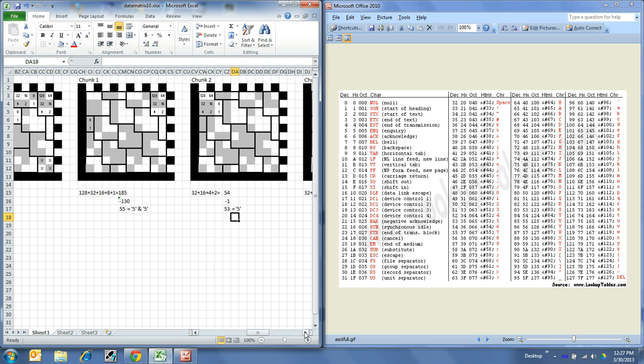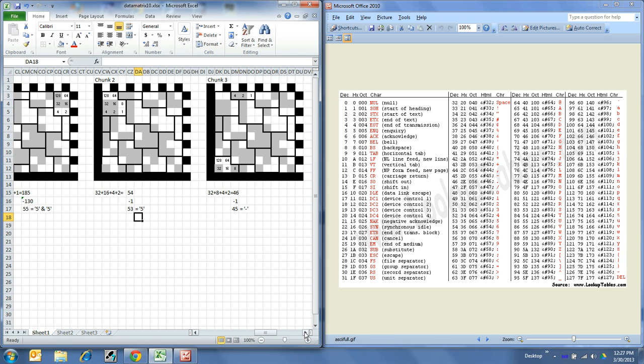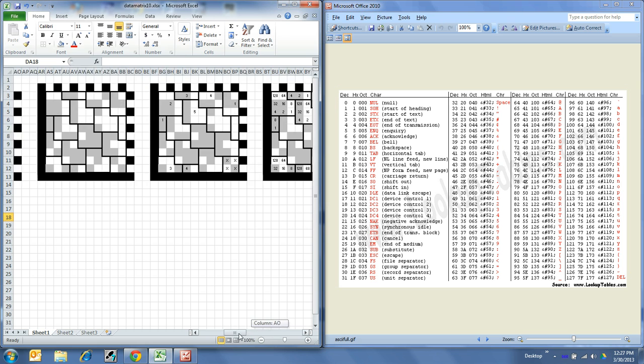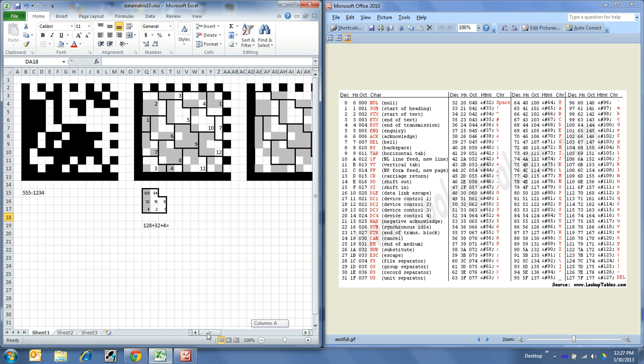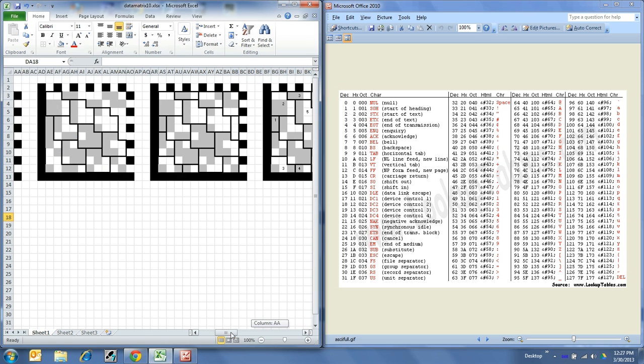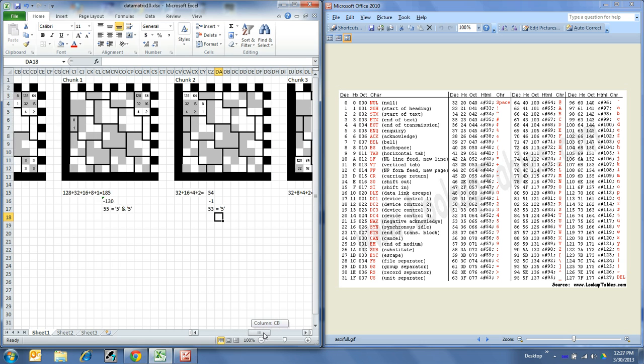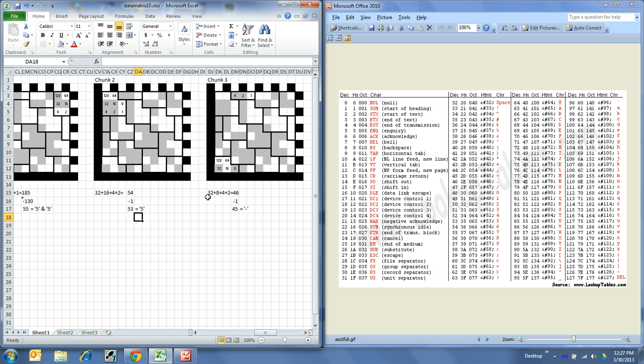Now the third chunk. If you can remember, the original value of this barcode was 555-1234. Coming back to the third chunk, this guy is wrapped around, so we have 128, 64, 32, 16, 8, and then it wraps around up here: 4, 2, and 1.